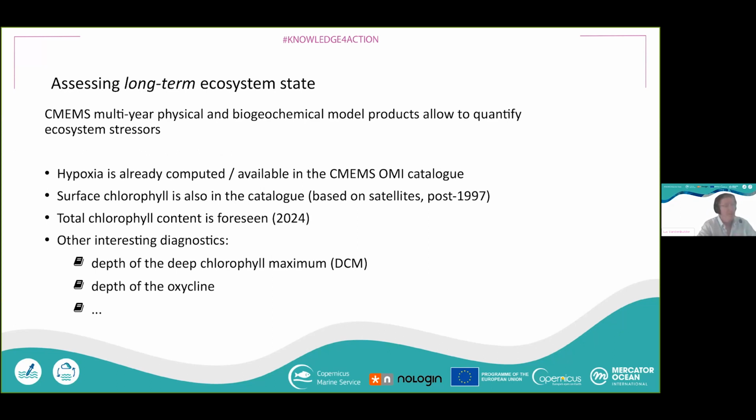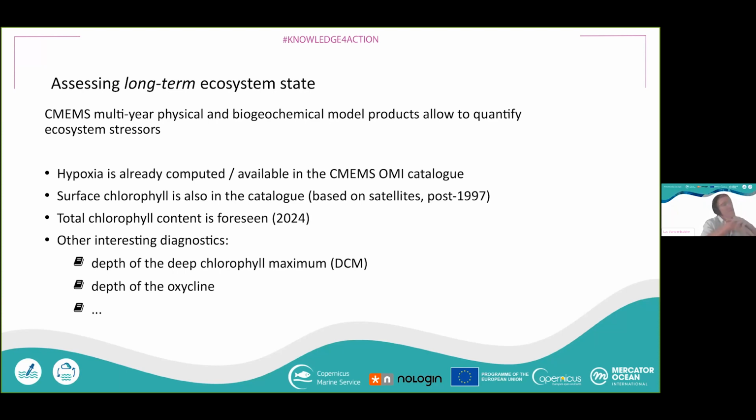You download them, you process them, you integrate over the basin, or you integrate over the vertical, or you compute some diagnostics which are interesting for your own case. For example, in the case of the Black Sea, it's very interesting to look at the depth of the deep chlorophyll maximum, at the depth of the oxycline, so the depth at which the oxygen is disappearing, etc.